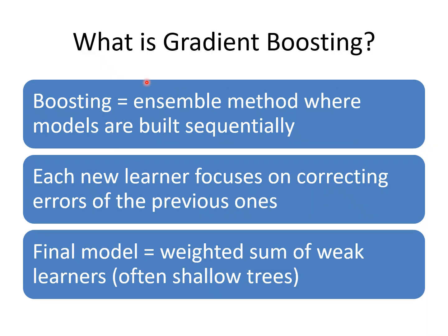So what are these gradient boosting techniques? These are ensemble methods where models are built sequentially. Each new learner focuses on correcting the errors of the previous ones, which simply means that gradient boosting techniques train our decision trees sequentially, in a linear method, where the next tree tries to correct the error made by the previous tree as much as possible, mostly focusing on the misclassifications that the previous tree did not see.